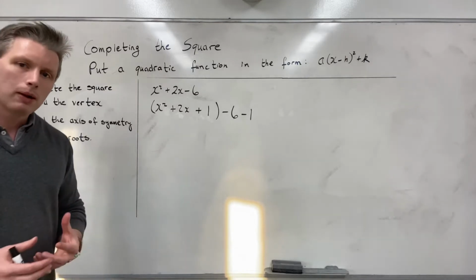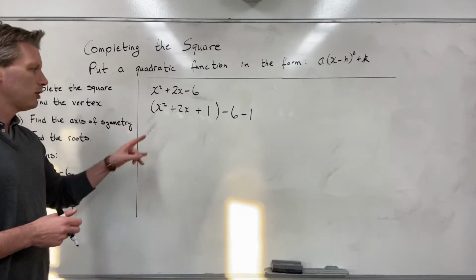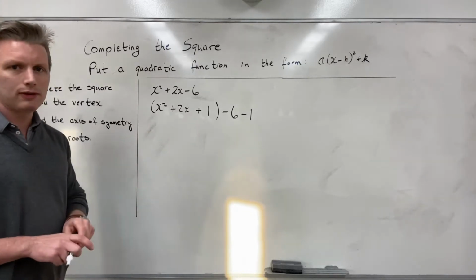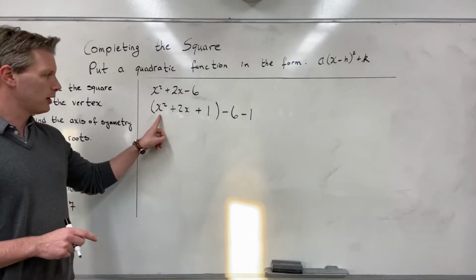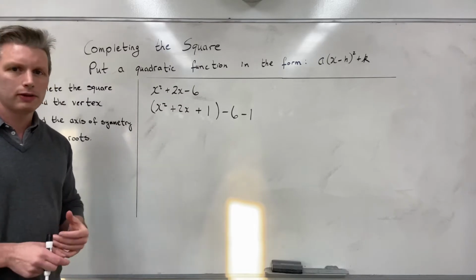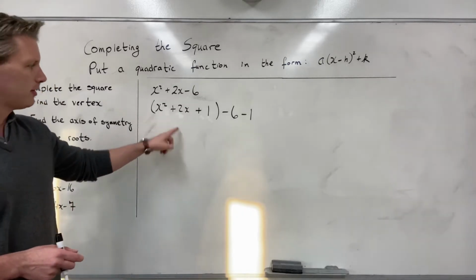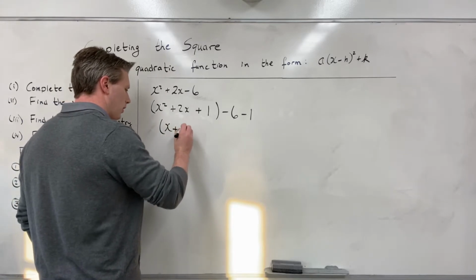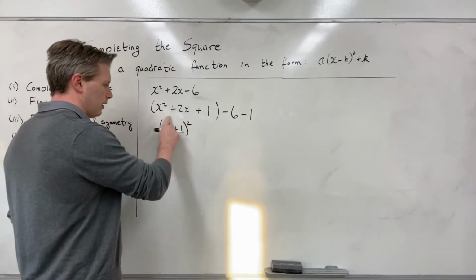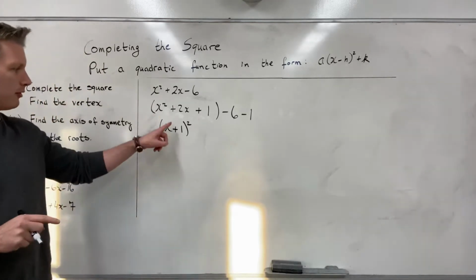Well, if you've done this properly, what you have inside the parentheses is what we call a perfect square trinomial, which means x squared plus 2x plus 1 is really nothing more than x plus 1 squared. Inside the parentheses, I simply have x plus 1 squared.